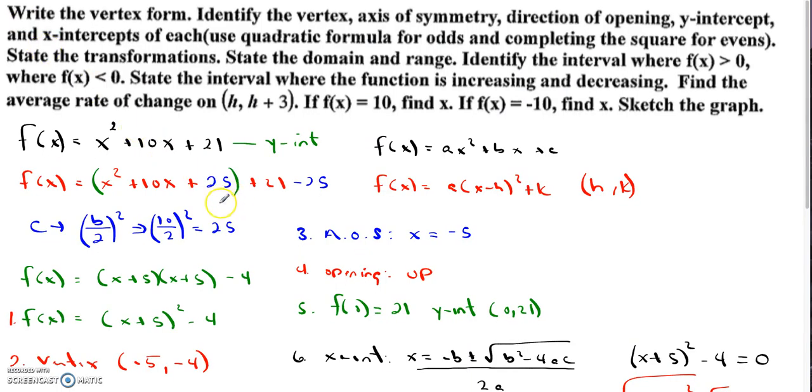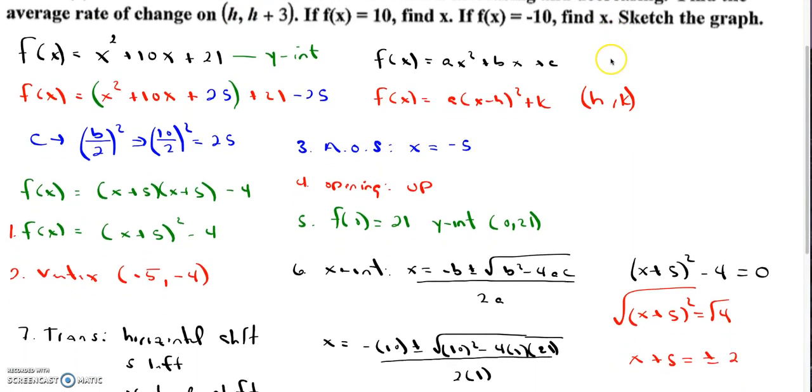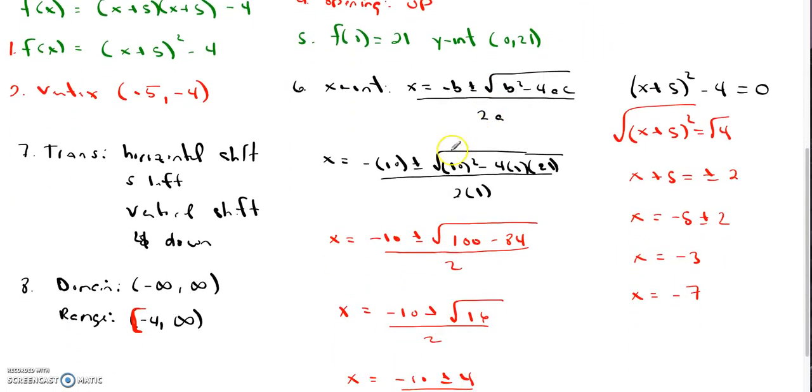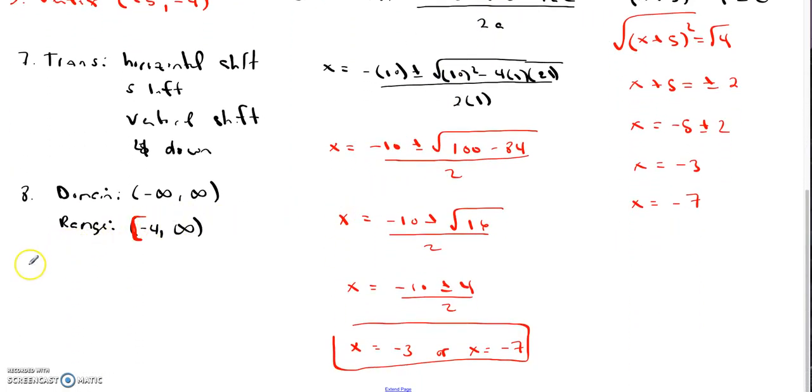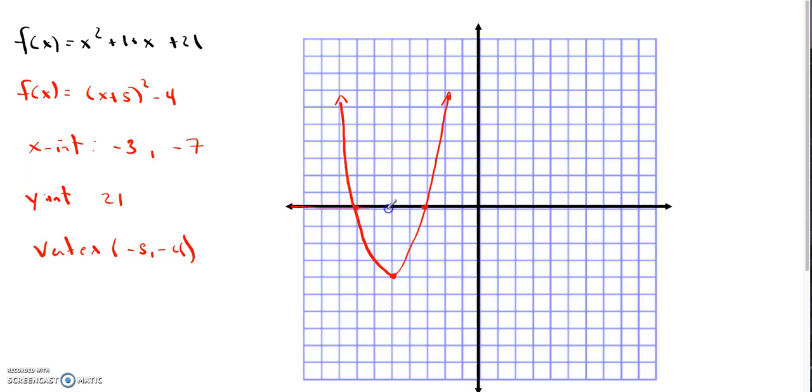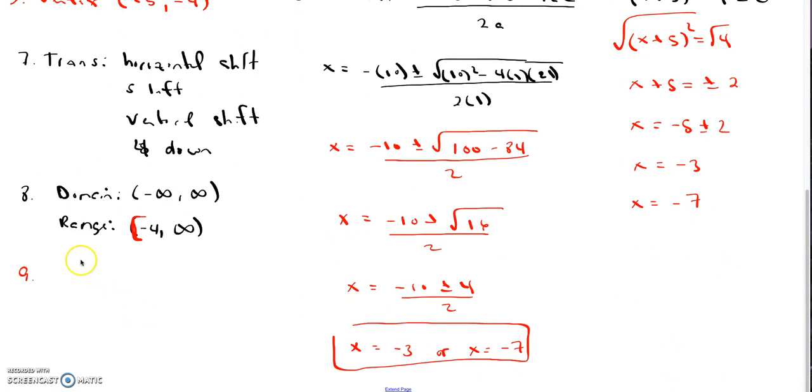So if I'm looking at this, the next question says identify the interval where f of x is greater than 0. So if we're looking at where f of x is greater than 0, that's where my graph is above the x-axis. So where is it above this axis? f of x is greater than 0 on the interval negative infinity to my x-intercept, and the x-intercept is negative 7.